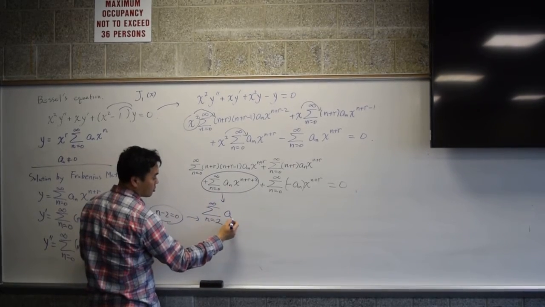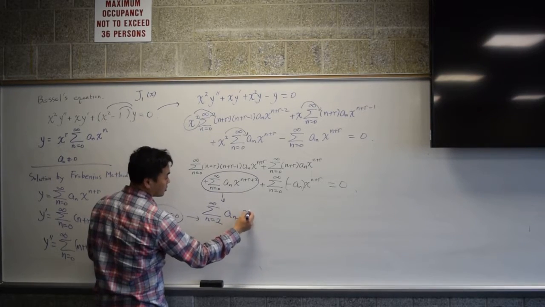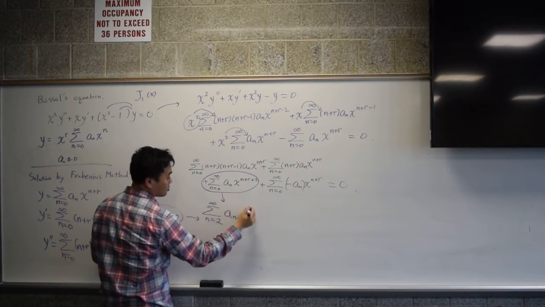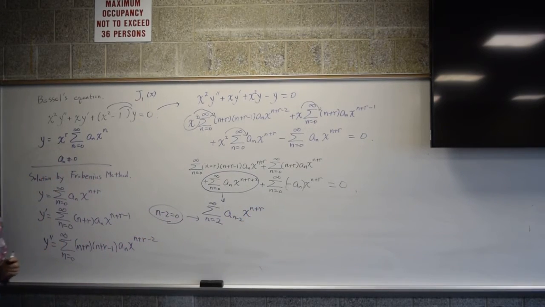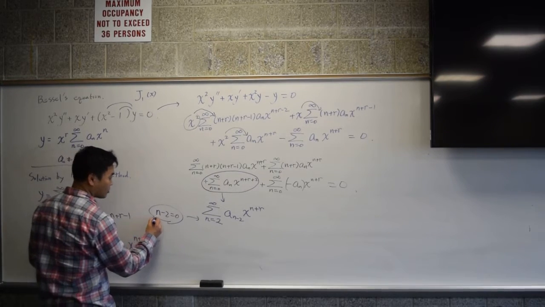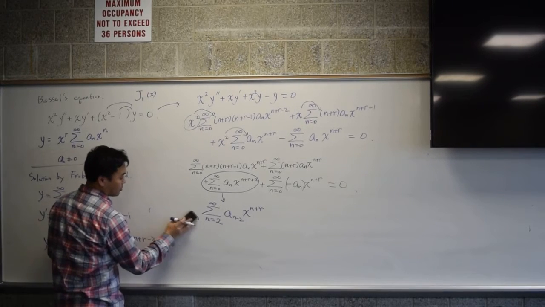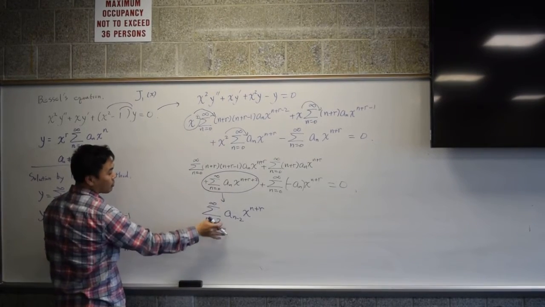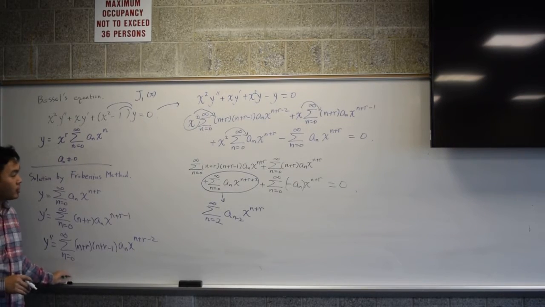This one, n should also be replaced by n minus 2. Actually, n minus 2 plus 2 is just n. So that's what we get. Okay, so that became this. All right.